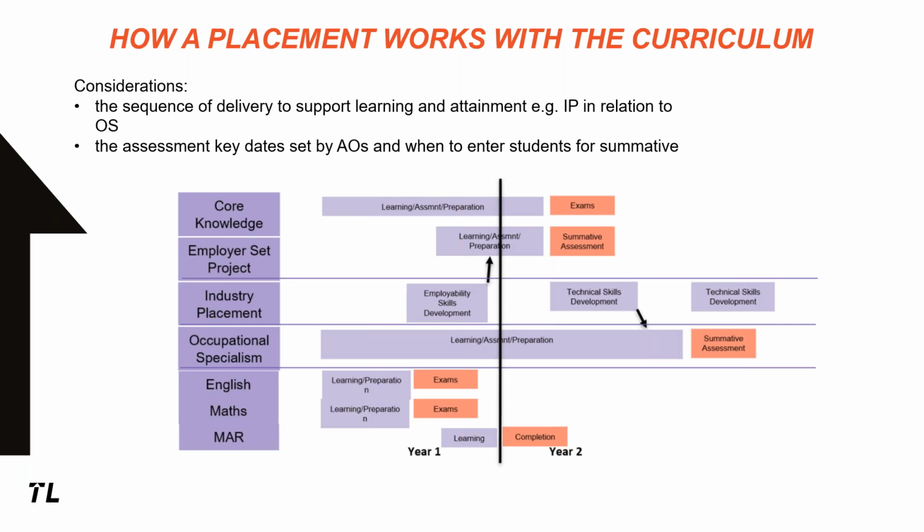And then with the industry placement element, you can have elements where you're building employability skills, and then you may want to be looking at sending your students on some of those occupationally relevant work taster sessions that Chris was mentioning. So getting them to have a bit of time with their new employer to test it out and see if they're in the right occupation and they're happy with their area.